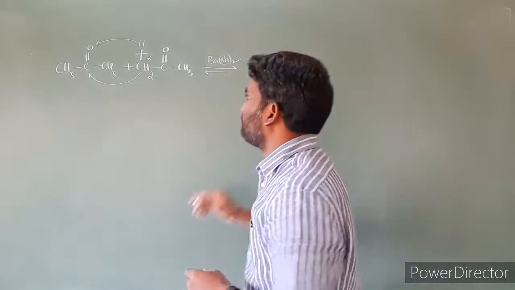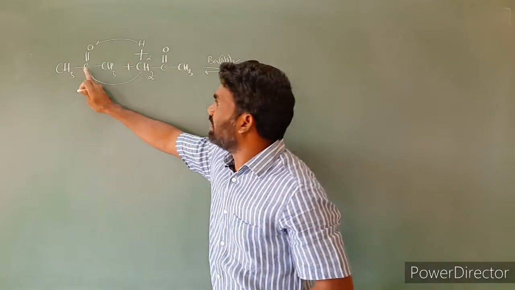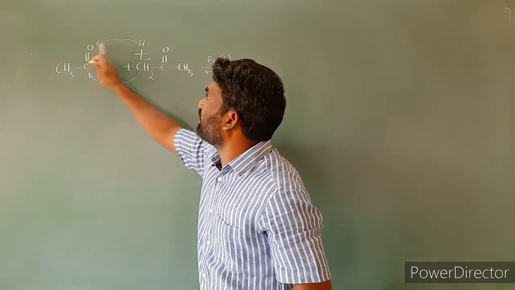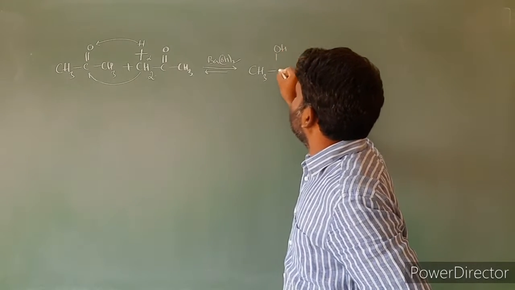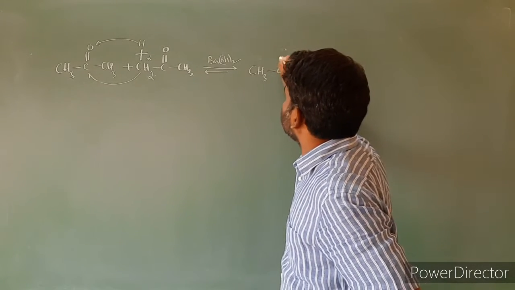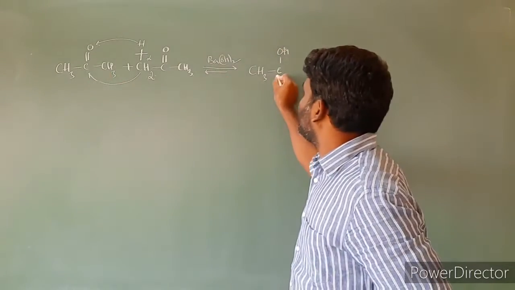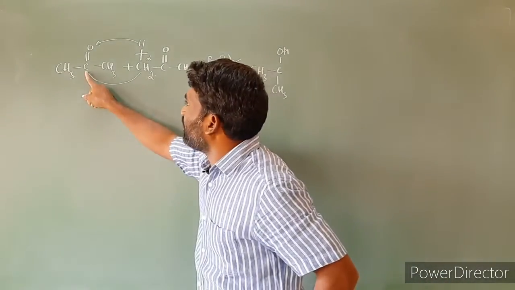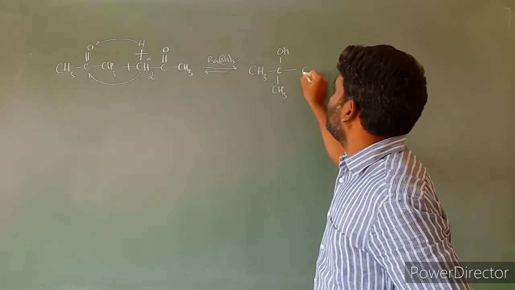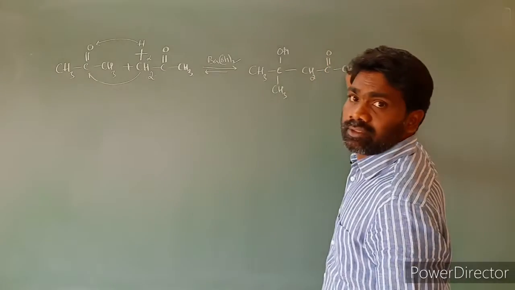Then what is the product we expect? Listen carefully. This is CH3, then C, with this bond broken and hydrogen attached to it, C-OH. This carbon already has a methyl group, which I am writing on the downside, CH3. To this carbon we join the bond: CH2, C double bond O, CH3.